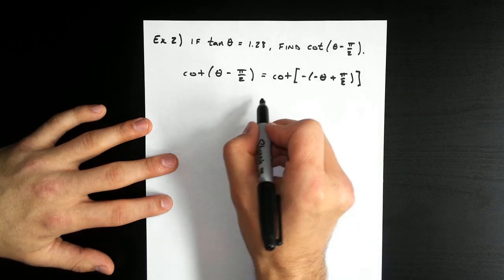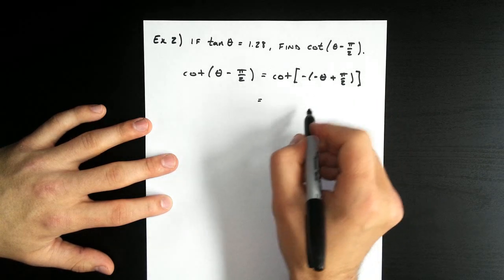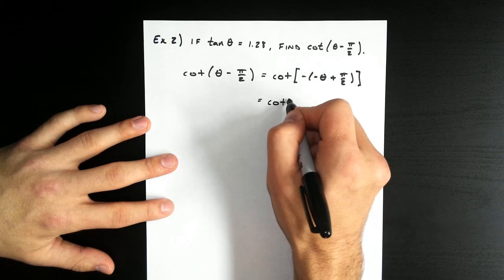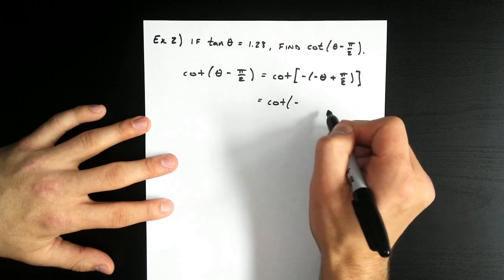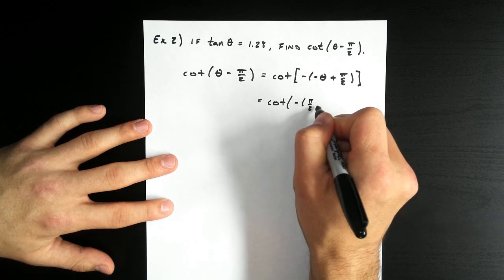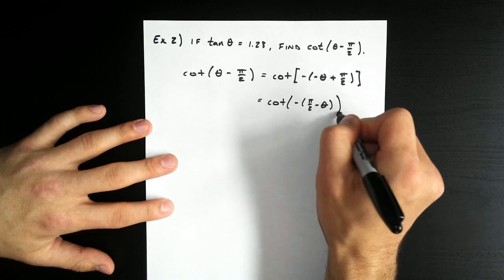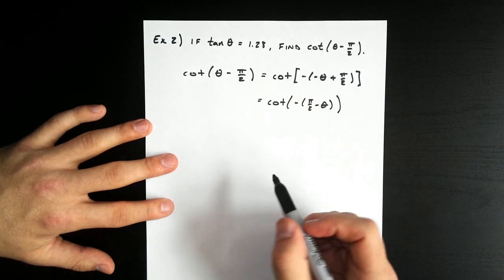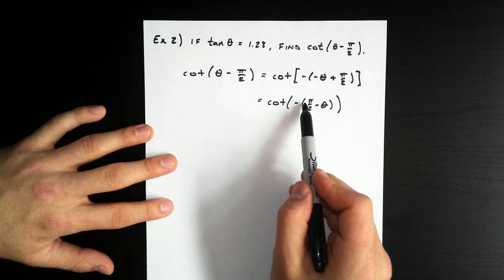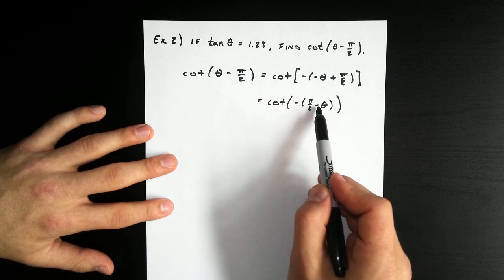So the signs of those just switch. We can clean that up a little bit. So the cotangent, this is going to be the opposite of pi over 2 minus theta. So just switching those around. Okay? Now we have the cotangent of something opposite.